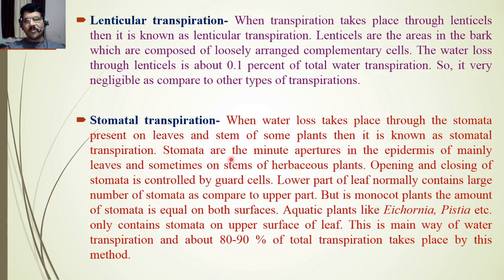Now we will see the most common type of transpiration, the one by which most transpiration in the plant takes place: stomatal transpiration. When water loss takes place through the stomata present on leaves and stems of some plants, it is known as stomatal transpiration. Nearly all leaves contain stomata, which are small apertures or openings.